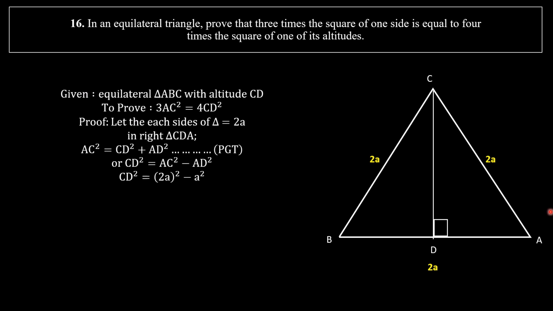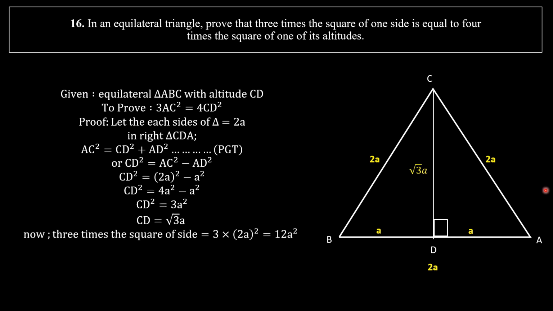AC is 2A and AD is half of this, which is A, so CD square is equal to 4A square minus A square, or CD square is equal to 3A square, right? Ultimately CD comes out as root 3 A. Each altitude will be root 3 A.